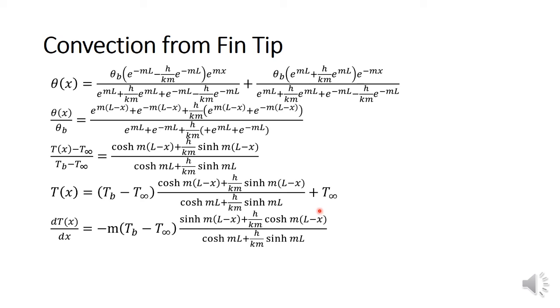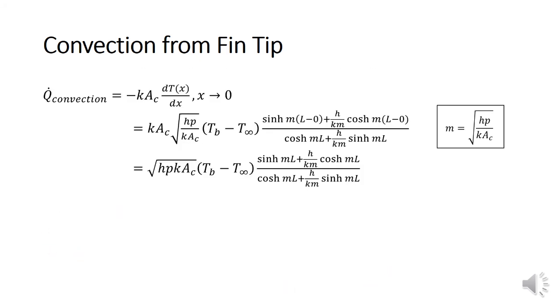Then we differentiate it, and we substitute the differentiated T x equation into the Fourier law of heat conduction equation to find the rate of conduction for convection.